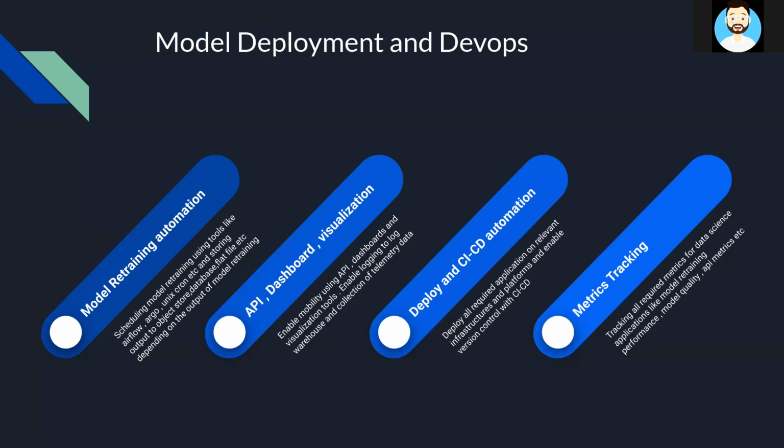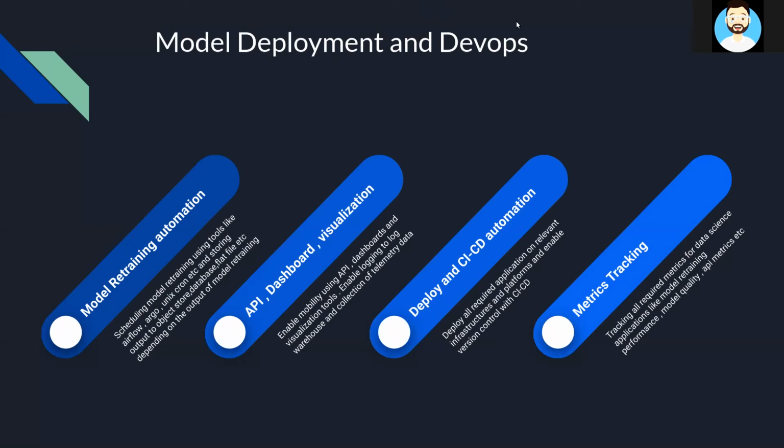To enable this step, we need to have all the required tooling, CI/CD pipelines, DevOps pipelines. We need to do the required dashboarding, create APIs for mobility, schedule the retraining, and do all those things. So in this series, we'll deep dive into each of the topics, with the emphasis being on how to make them production grade.